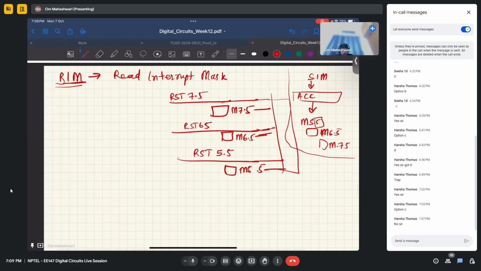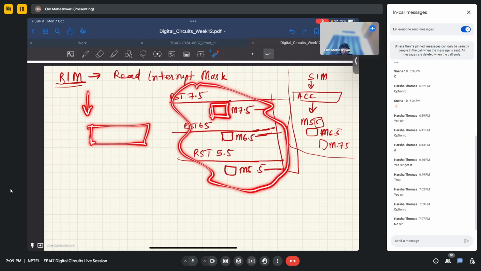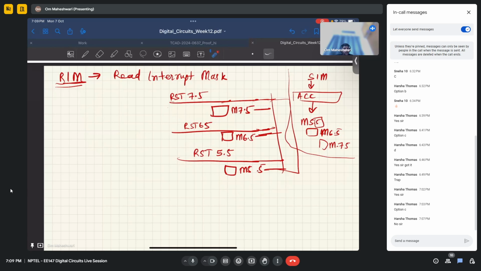So based on the conditions of these, it sets some value in your accumulator. So it reads the conditions in these bits and on these pins and sets the values in the accumulator. So how does it set the values in accumulator?